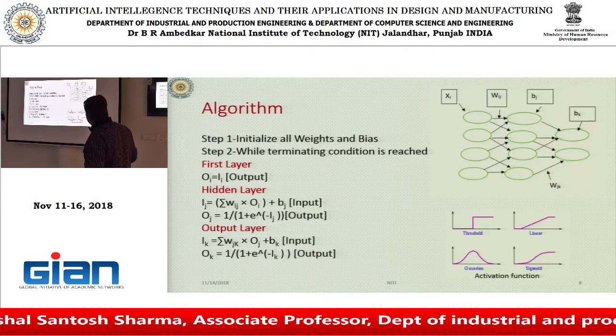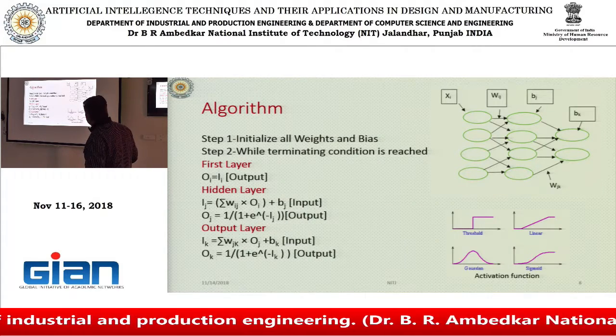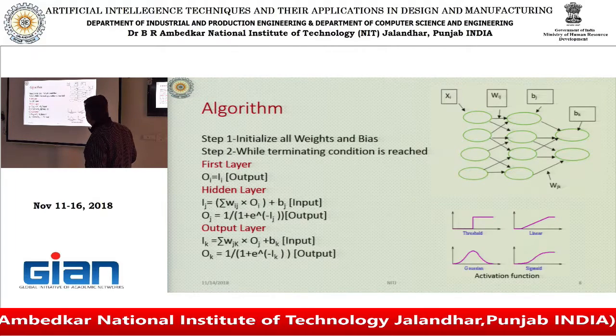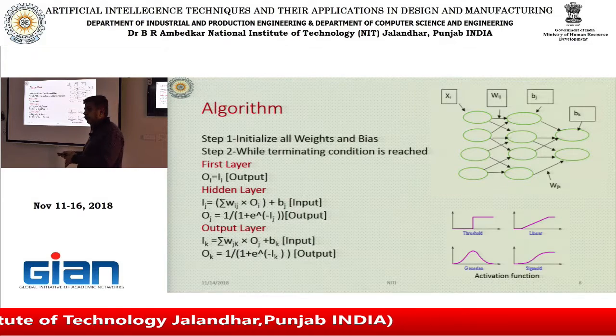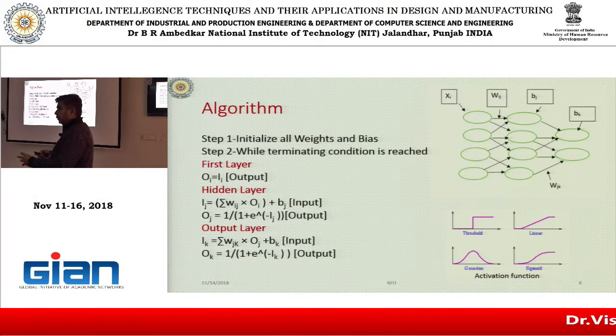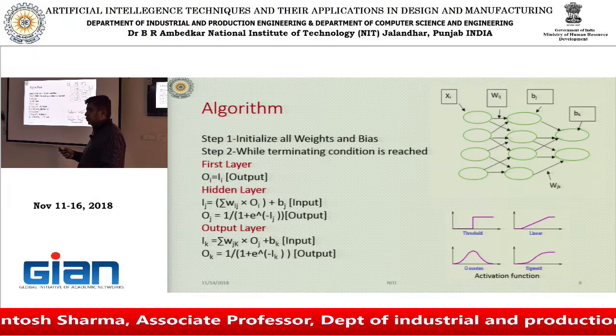To have the output from here, again we are using the same activation function, the sigmoid activation function. So Ik we have already computed, so you can put it here in order to have the output from this neuron. Each neuron will have input and output. Output is governed by some activation function. Is it all right up to this point?